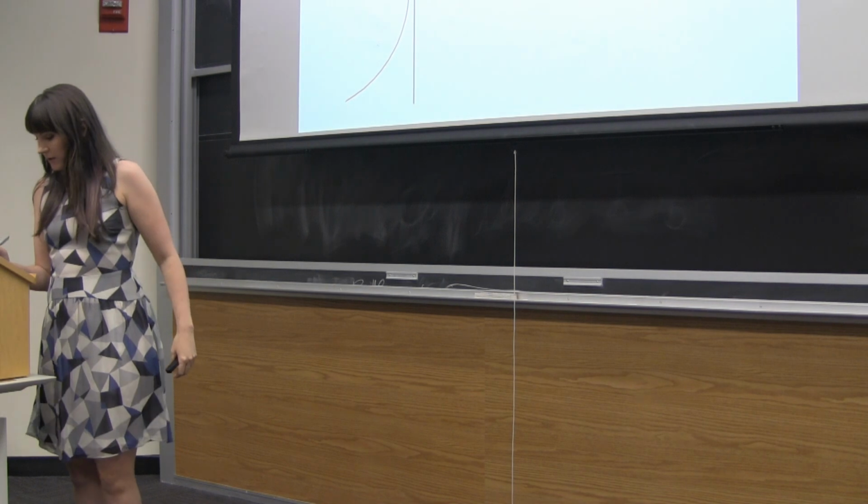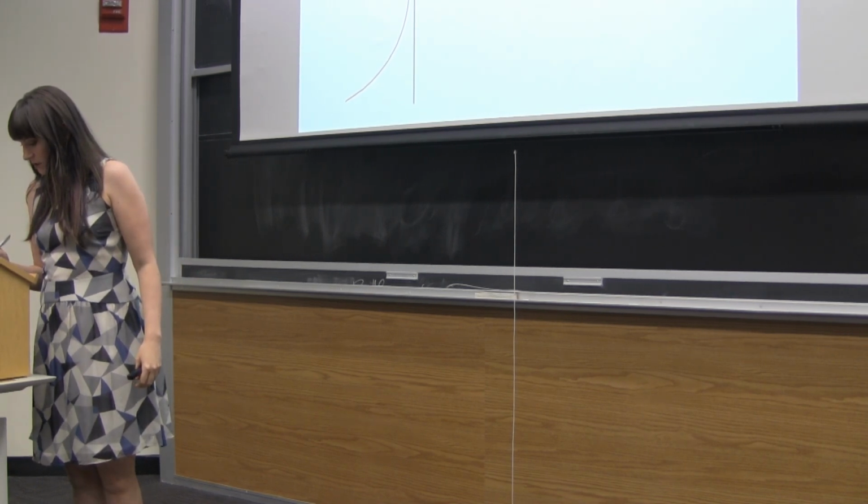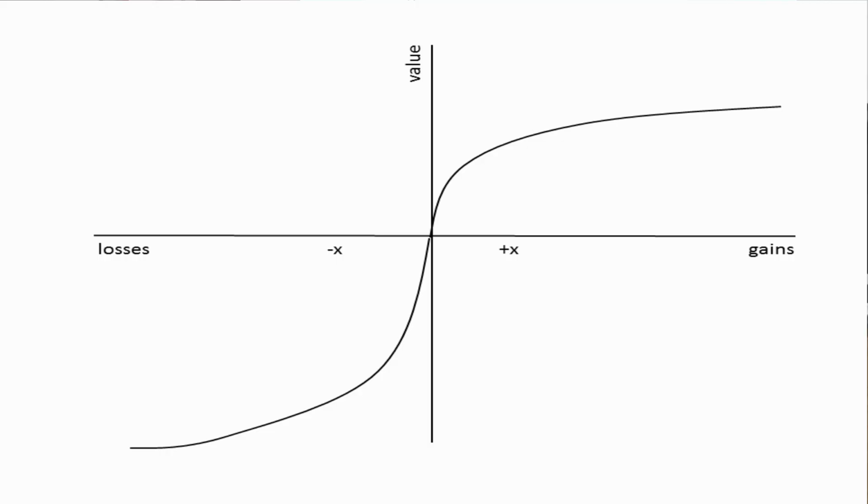So let's say we have just our plus x and minus x. And we know that we have some value attached to a gain of x, and we also know that we have some larger negative value assigned to a loss of x.